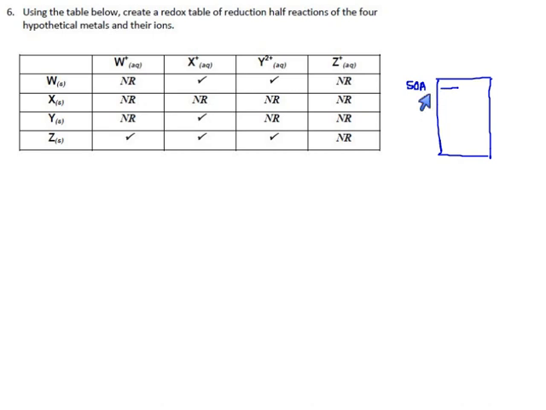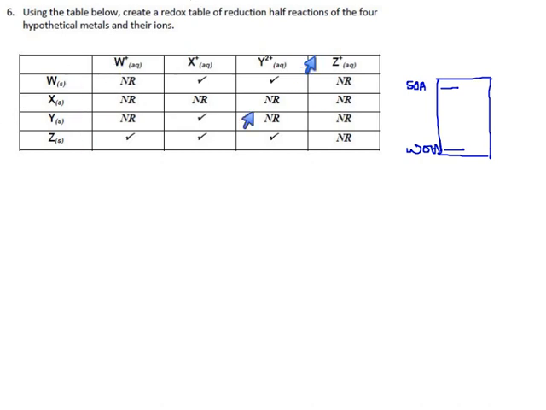If you're a strong oxidizer, you'll react with lots of stuff, and you can also say, if I've got an oxidizer and it reacts with a lot of stuff, it must be high on the list. And if it doesn't react with as much stuff, like the lithium ion, which is super weak, it's way down here, and it hardly reacts with anything, that tells you that it's lower on the list. So here's the blazing fast way to build a redox table.